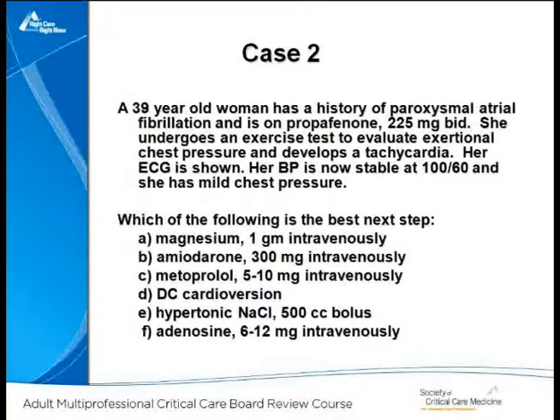Okay. A 39-year-old woman has a history of paroxysmal atrial fibrillation, and, okay, I guess maybe you have to reboot, so they're asking you to log in your ID number and then press send.